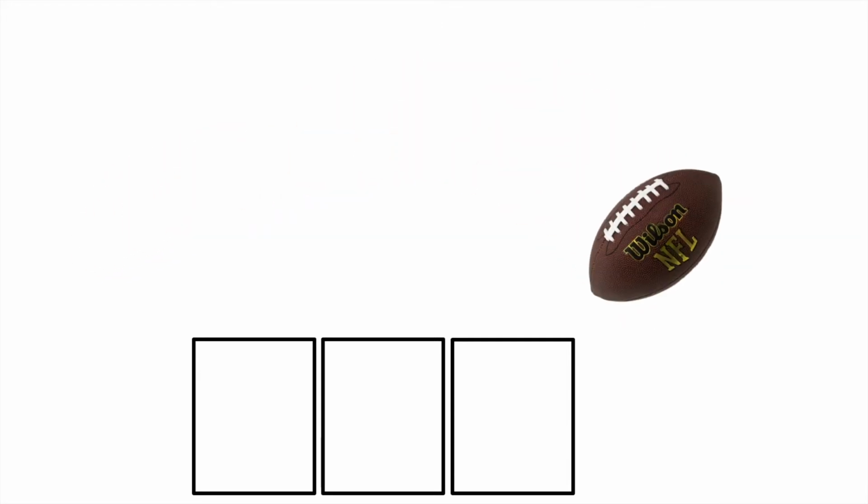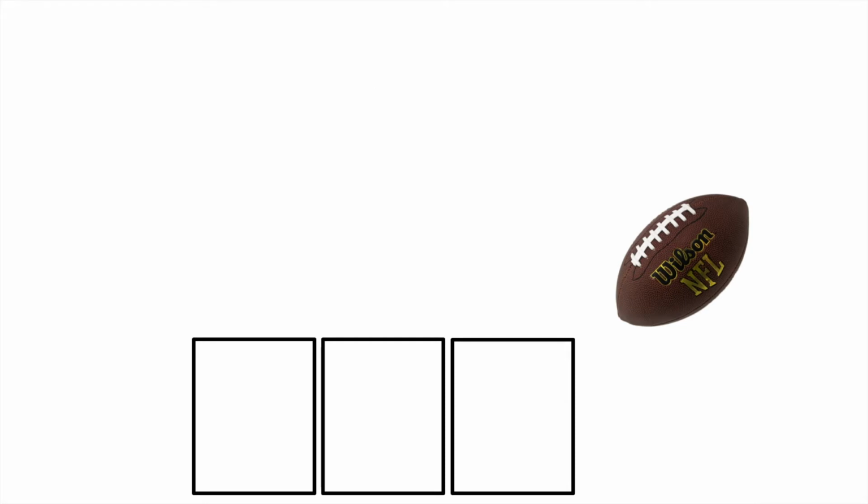Pass. P-a-s. Pass. Write the S sound where you think it goes in the word. Pause the video and have a go. Did you get it right? The S sound is at the end of the word.